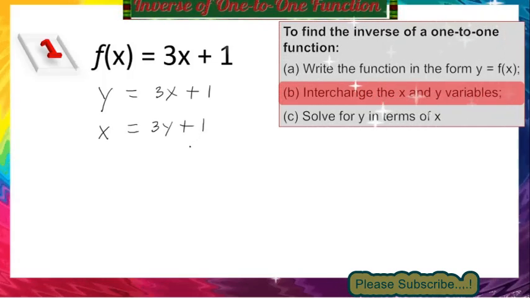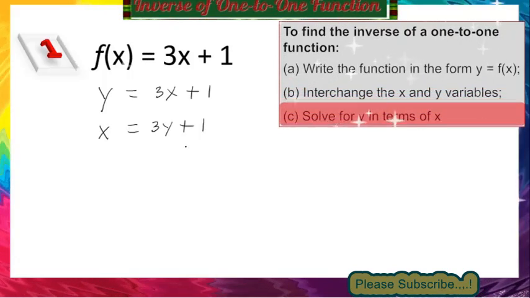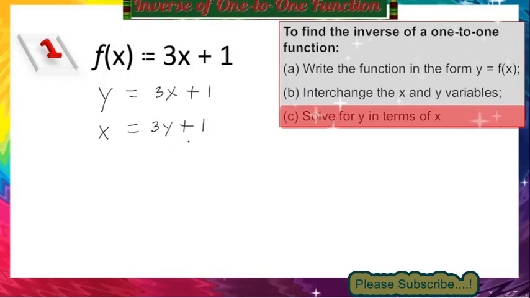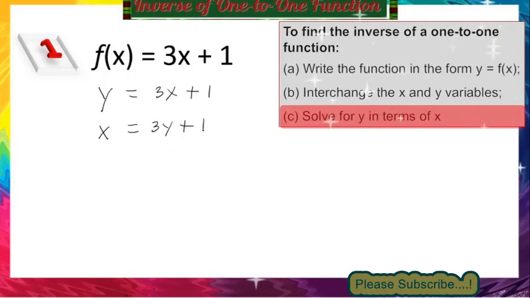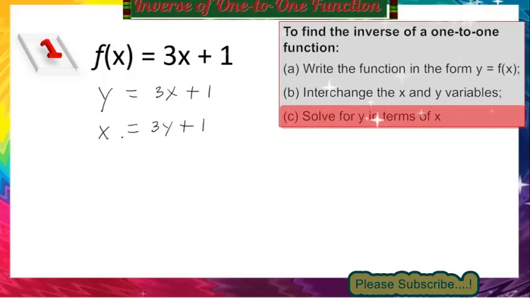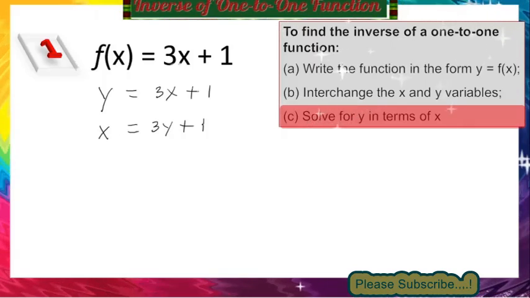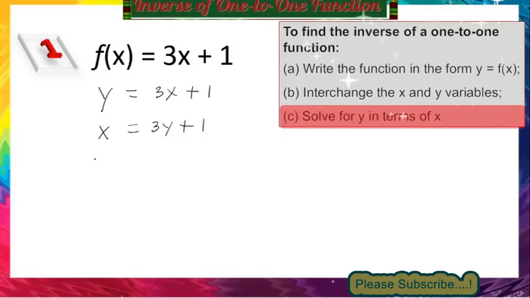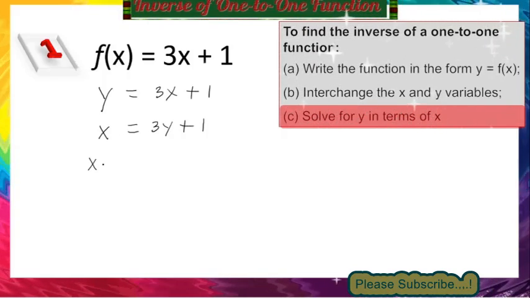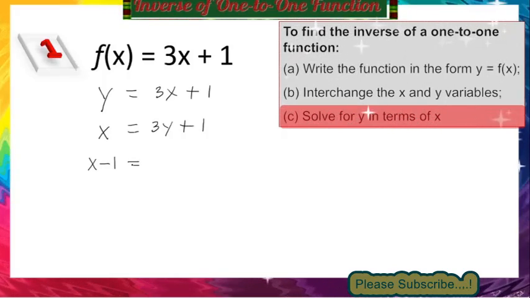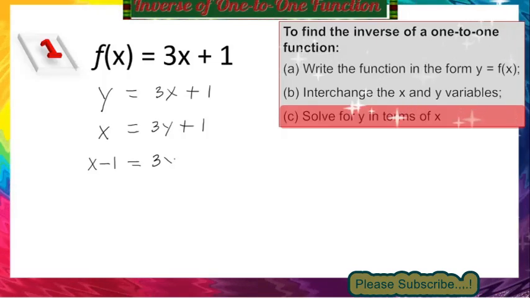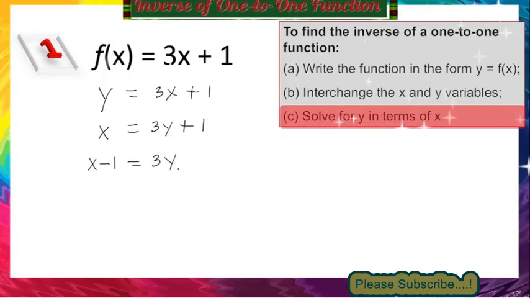Then we will solve for y in terms of x. We will transpose this to the left side, or join this to x. So this will become x minus 1 equals 3y.